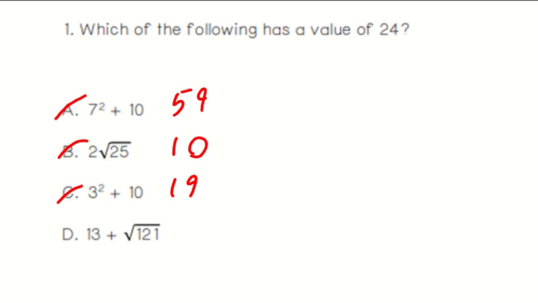Not C. Obviously that's leaving D, but the square root of 121 is 11. 13 plus 11 is 24. Leaves D as the correct answer. Okay? Any questions on that one?